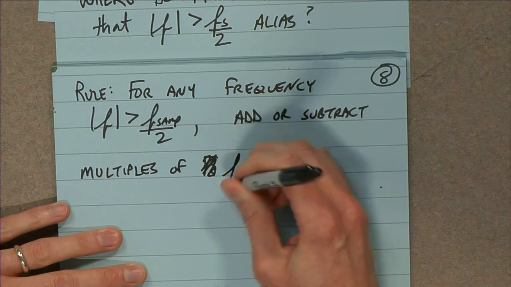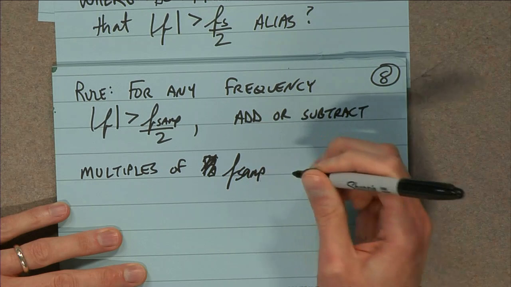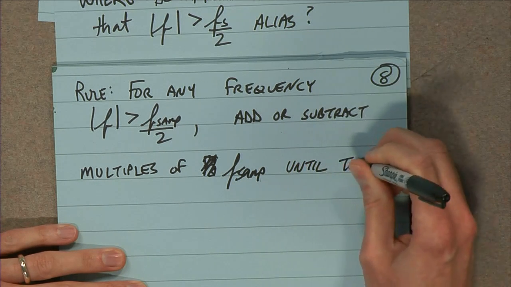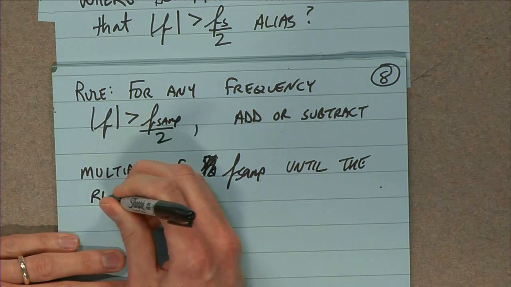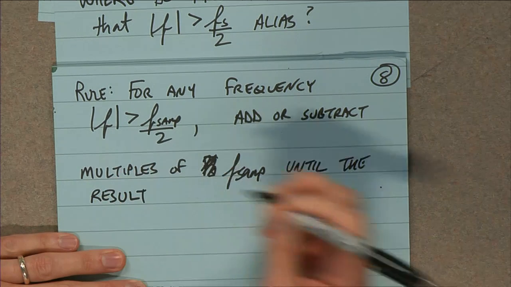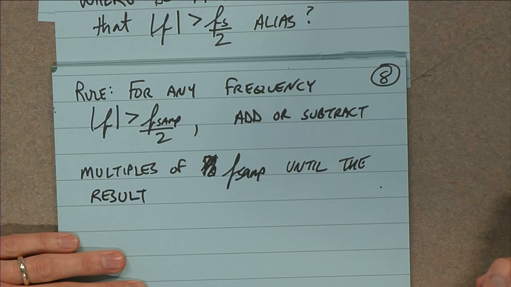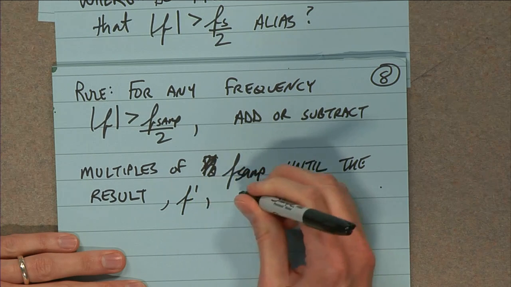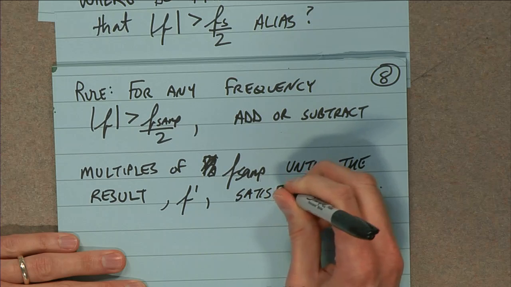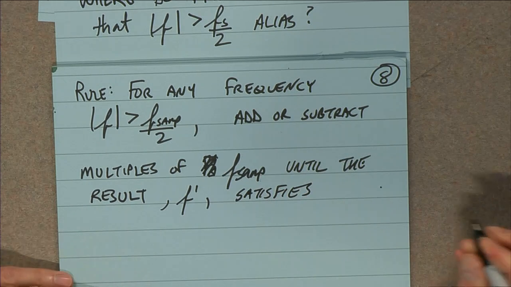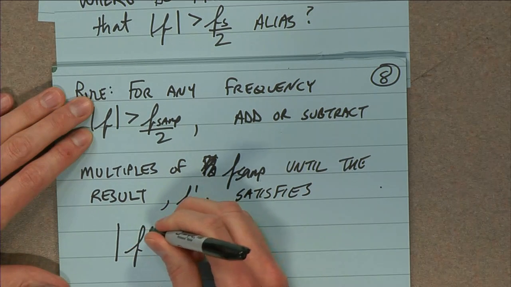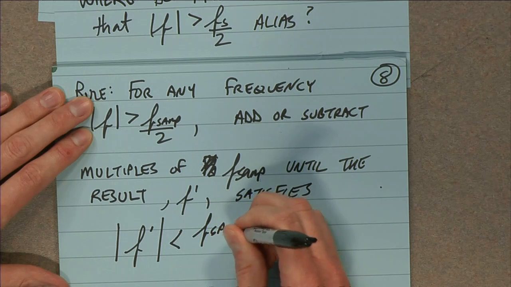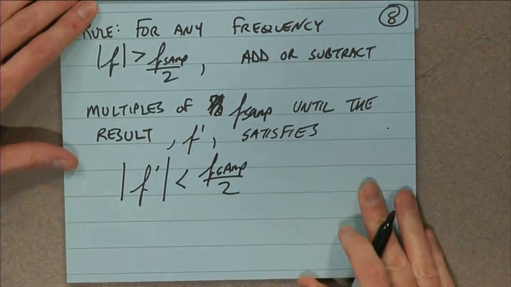And we use the same f-samp. Kind of writing it out in words, and then we'll put some math on it until the result, we'll call it f prime, satisfies f prime must be less than f-samp over 2.